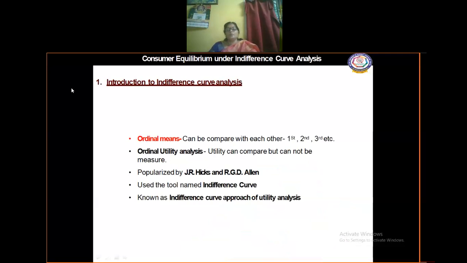Now this approach is measured by the ordinal approach, which says that units are not used to measure the utility, but only a comparison is made. So, according to this approach, the utility of a consumer cannot be measured but can only be compared, such as by ranks.